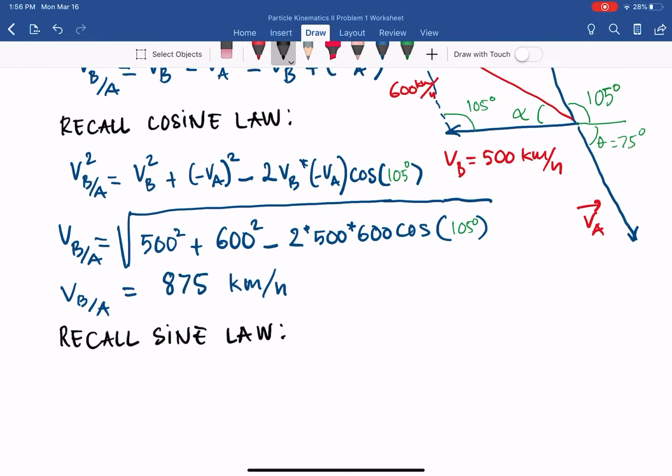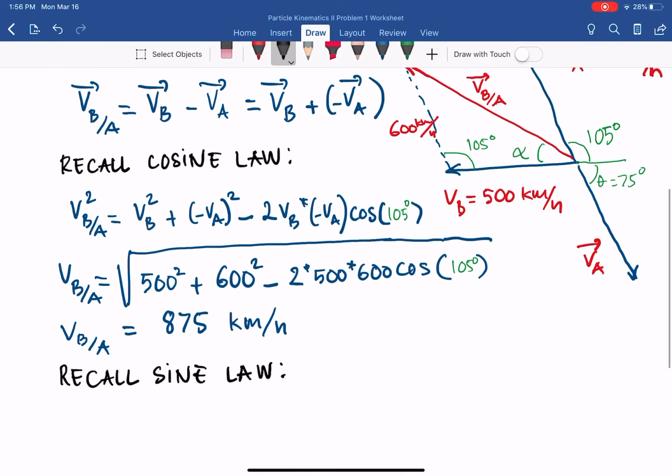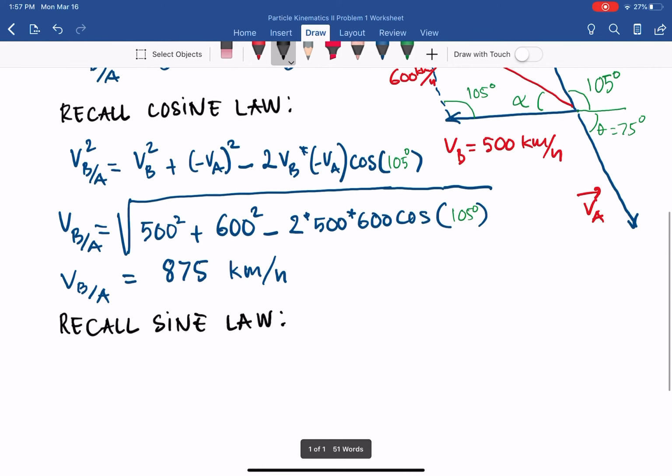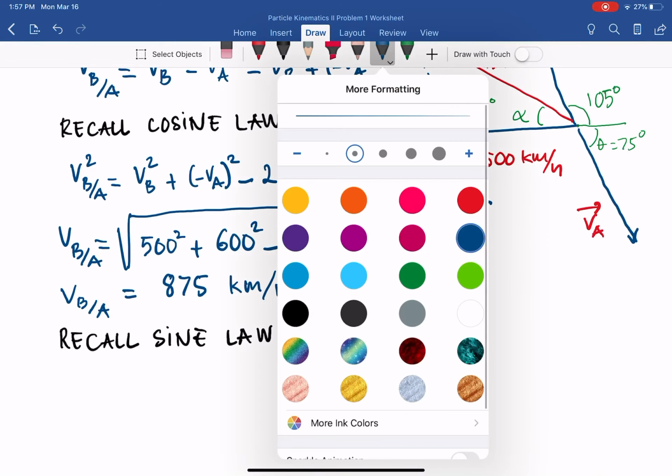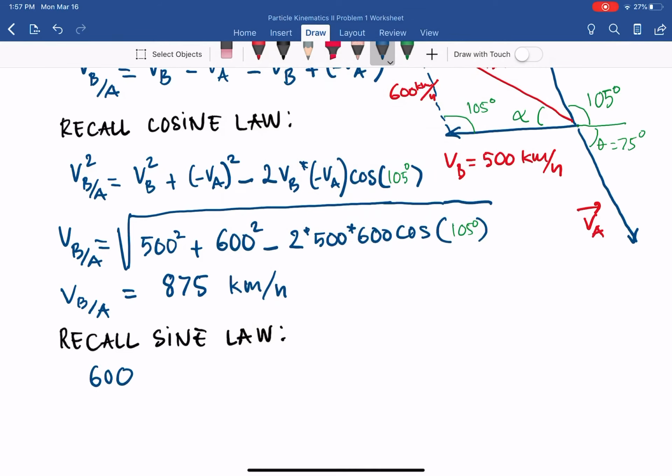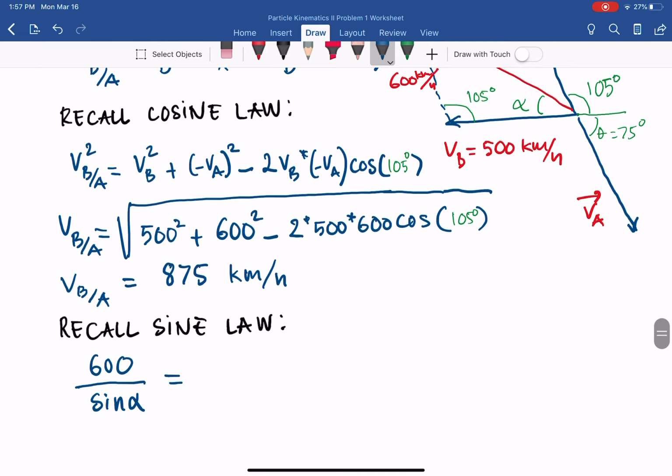So the opposite side of the 105 degrees is VB relative to A, and the opposite side of angle alpha, which we want to find to get the direction of VB relative to A, is 600 kilometers per hour. So 600 kilometers per hour over sine alpha is equal to VB relative to A over sine 105 degrees.